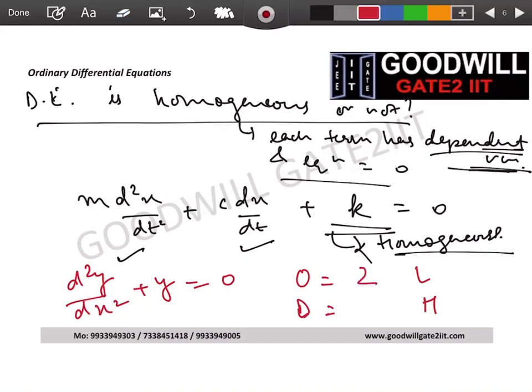Then what is the degree of this differential equation? D square y by dx square is the highest order term, so the degree will be 1.